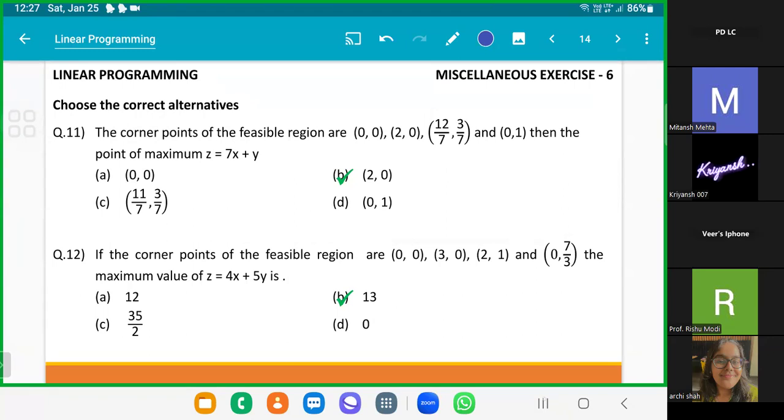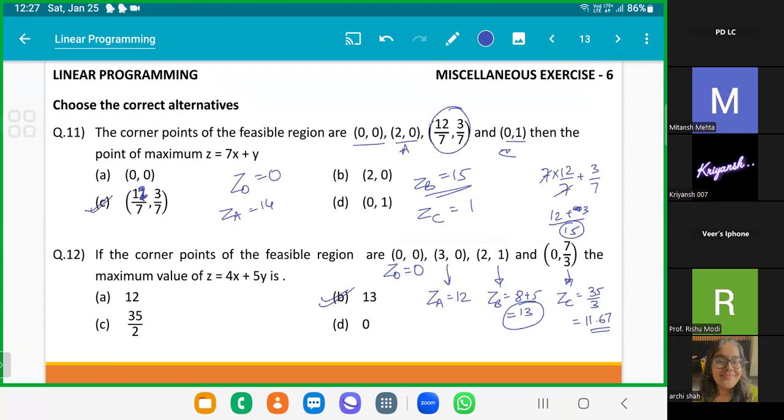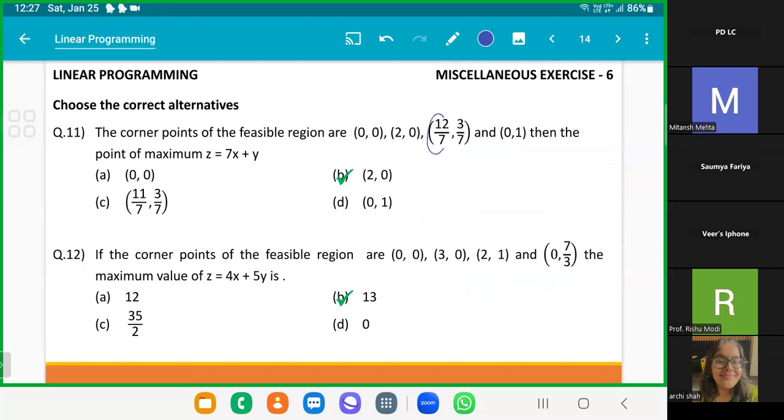Yes, sir. Okay. So again, I repeat, if the option and the question are changed, if it is 12 upon 7 and the option is also 12 upon 7, answer will be option C. But if it is 12 upon 7, but the option is 11 upon 7, then the answer will be 2 comma 0 because you cannot substitute 12 comma 7 now.